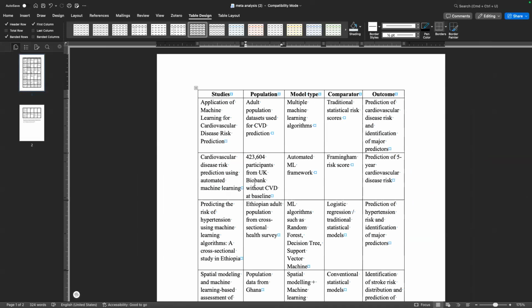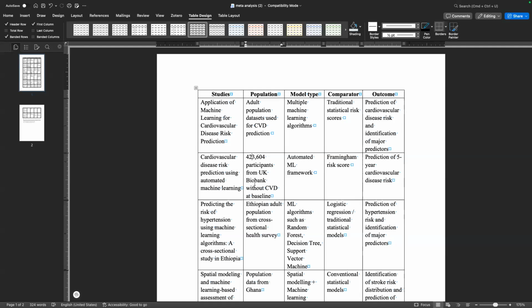I've also noticed that they have different AI models: some use the Framingham risk score, others use traditional statistical methods, multiple machine learning algorithms, or an automated machine learning framework. So the majority have different model types. The population too: the UK Biobank was used in some of the articles, while another used a population from Ghana. But here I was more focused on the outcome and the model that they used.